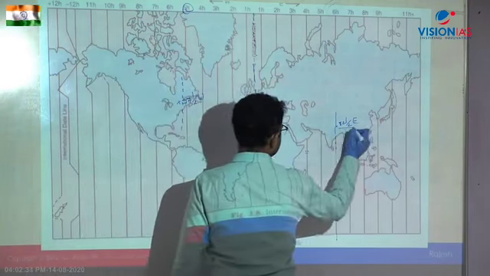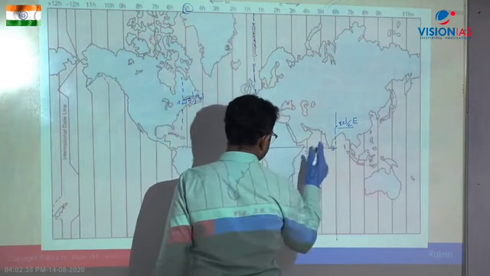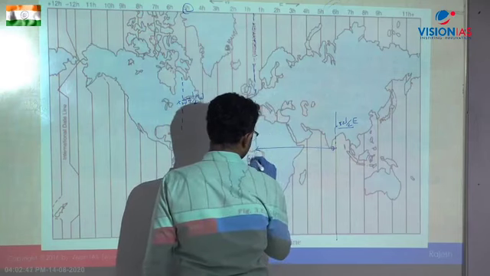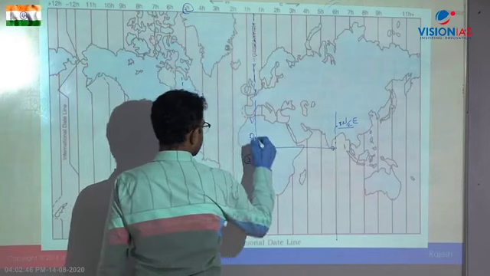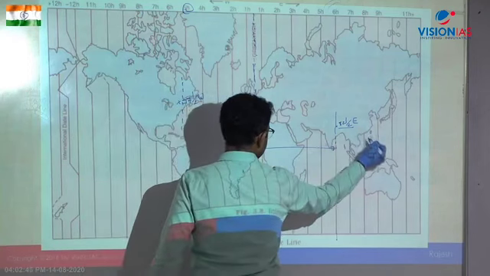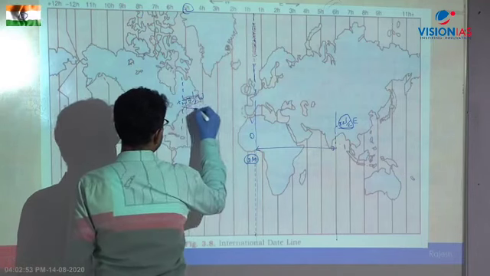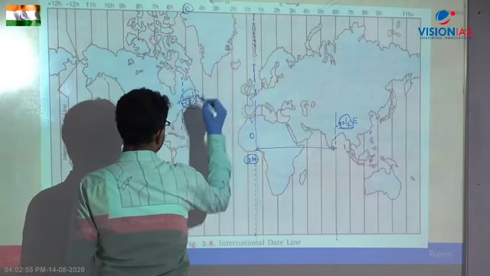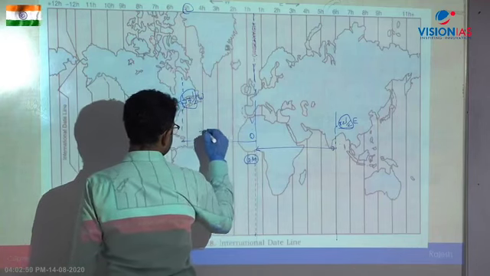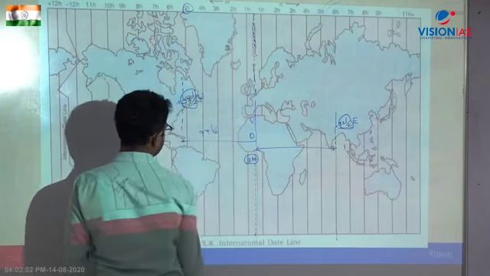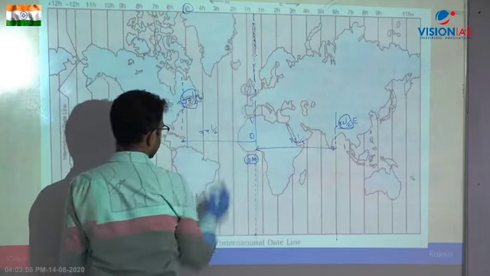It means we are at a distance of 82 and half degrees from the Greenwich meridian, which is considered to be 0. From 0 we are at the eastern part, 82 and half. Toronto is 77 and half west. That means from the Greenwich meridian it is at a distance of 77 and half. So we are at 82 and half from Greenwich and Toronto is at 77 and half.